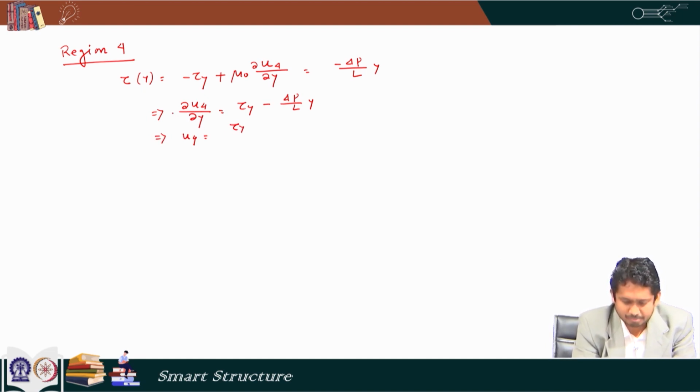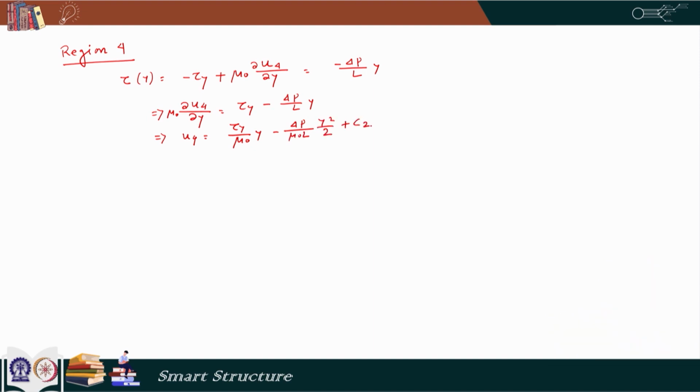There was a mu 0 which was missing. So, after integrating we find u 4 equal to tau y by mu 0 into y minus del p by mu 0 L multiplied by y square by 2, and then we have plus C 2.